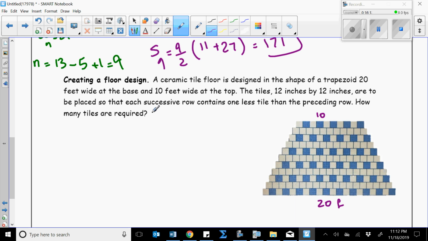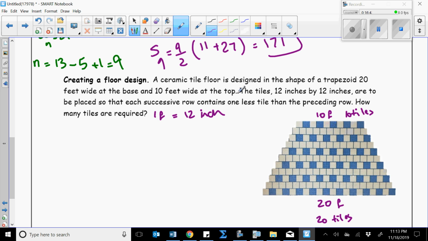We know that 1 feet is equal to 12 inch. So if I have tiles that are 12 inches by 12 inches here, and I have 20 feet here and 10 feet here, that means basically I have 20 tiles in the bottom and 10 tiles on the top side of this trapezoid.